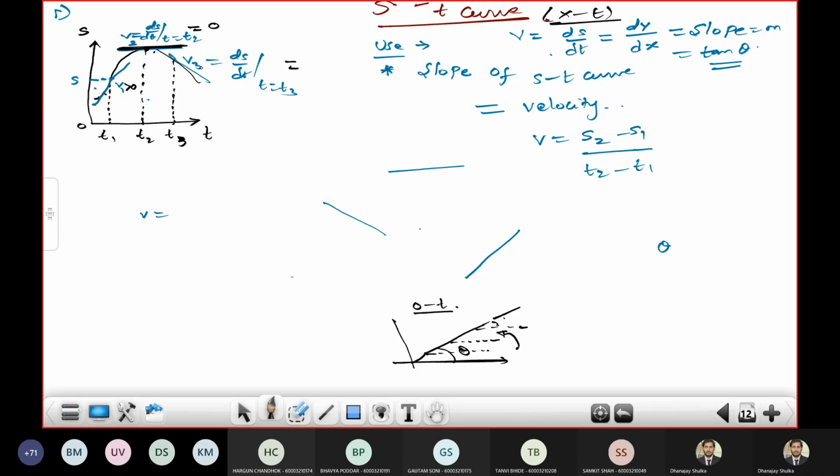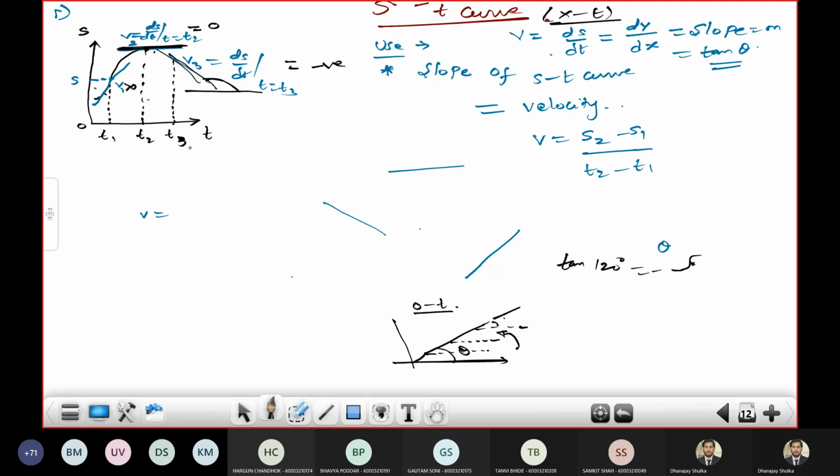Similarly here, if you measure theta anti-clockwise, you get an obtuse angle, let's say tan of 120 degrees, which will be minus √3, so you will get a negative value. That means at this point t3 you will get negative velocity.